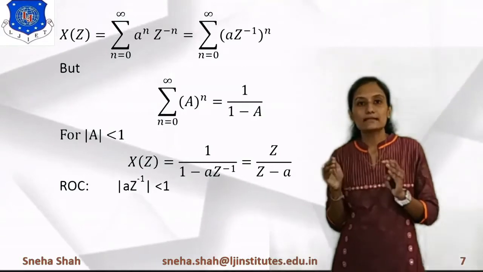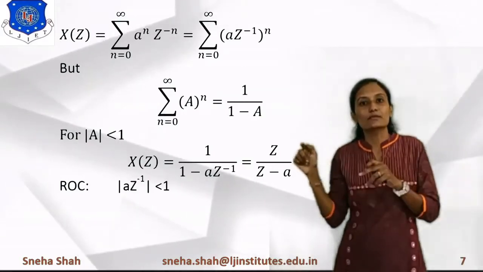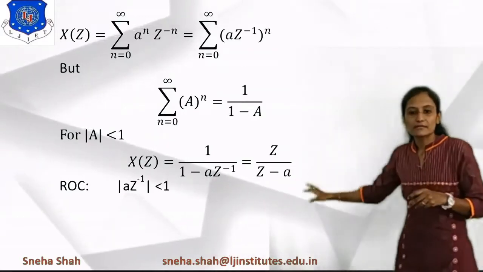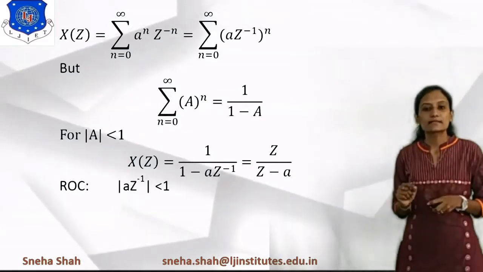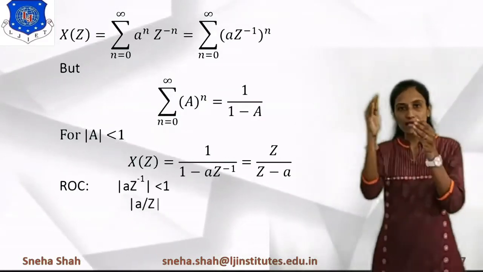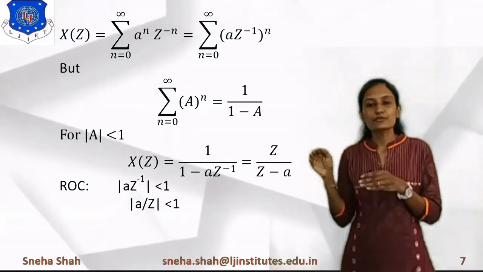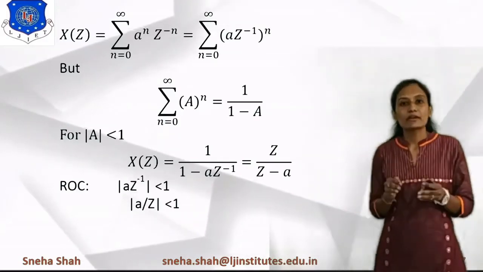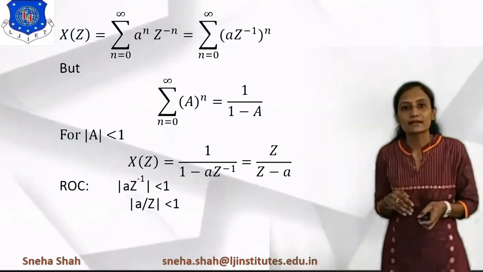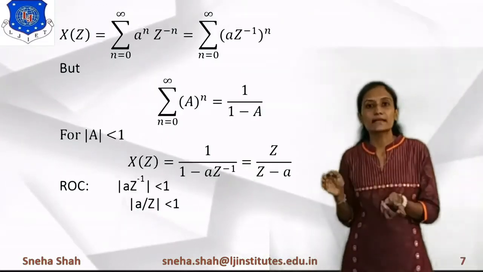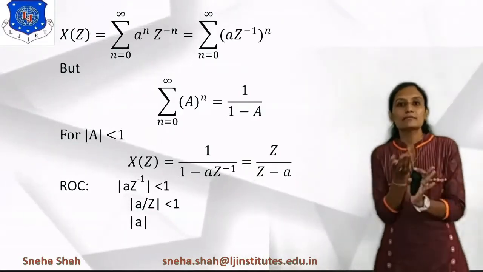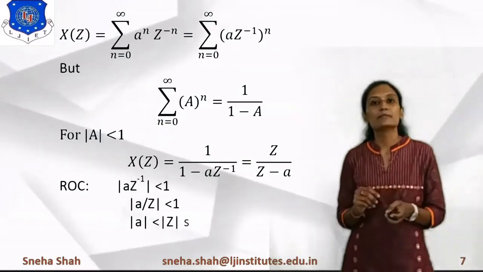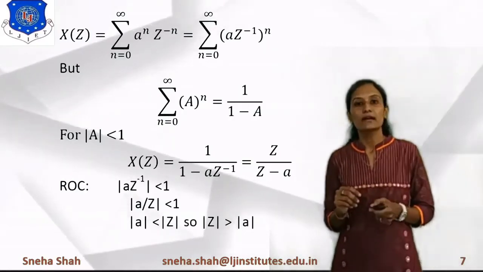So the term will be like this: mod a z inverse should be less than 1. Now if I am simplifying this, mod a z inverse less than 1, then the term will be like this: a upon z, it should be less than 1. Now if I am simplifying this further, then the term will be mod a should be less than mod z. And if I am rearranging it, then the term will be mod z should be greater than mod a.